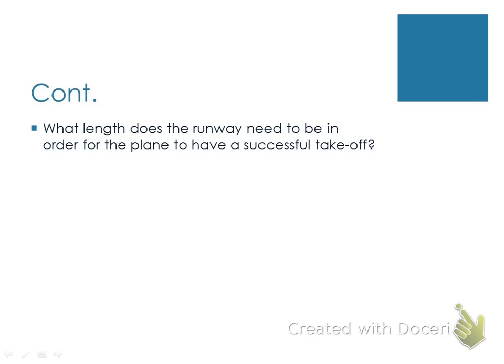Okay, so now we're going to do a continuation of that problem. What length does the runway need to be in order for the plane to have a successful takeoff? If we want to reach that speed and we want to have a complete takeoff, that means we're solving for x this time, because we want to find out what length of the runway.